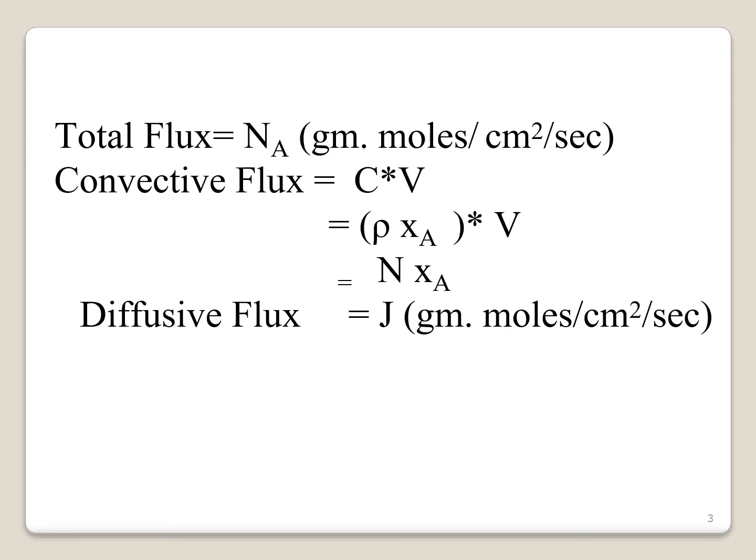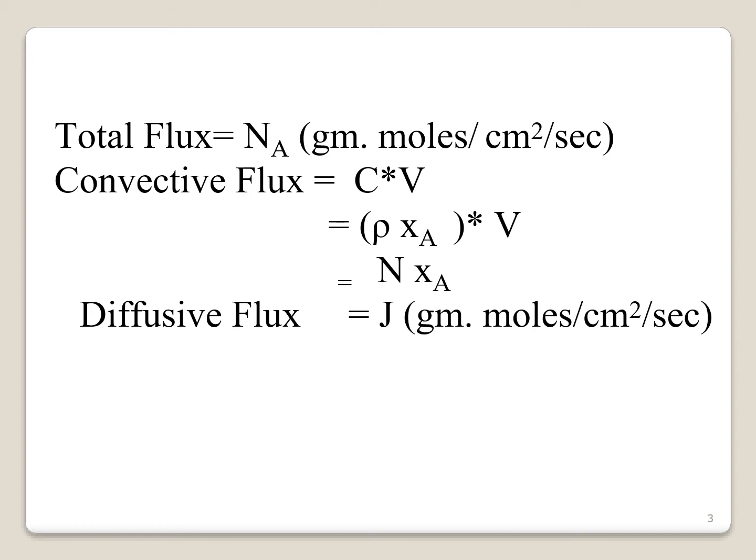So here into velocity V, rho into XA into V. Here we will take rho into V is equal to N. This is the molar density, this is the velocity. So here capital N is the flux, rho into V. So this is the convective flux equation, capital N into XA.